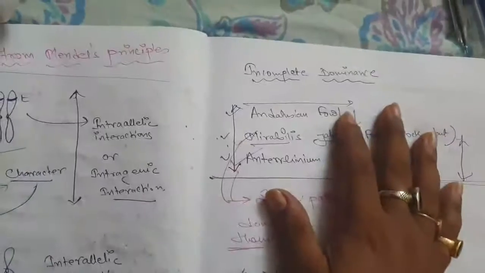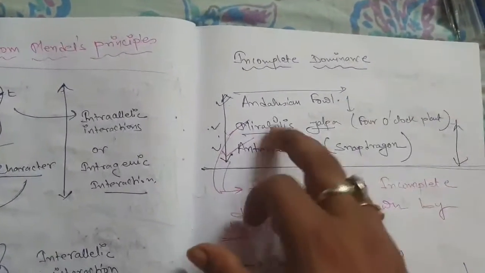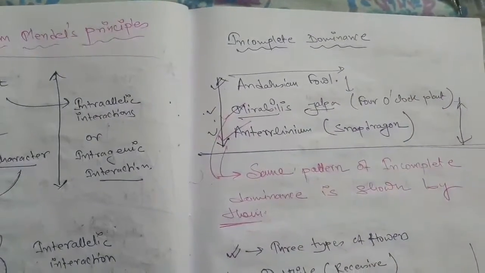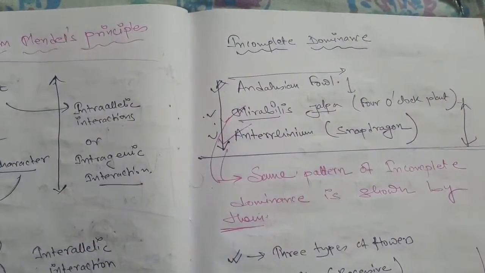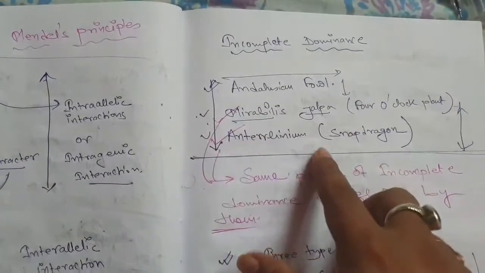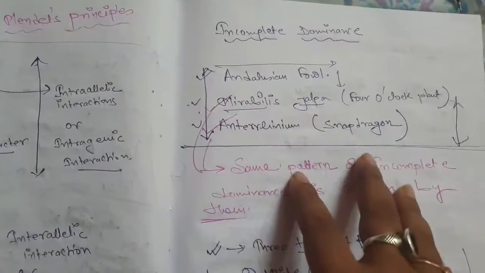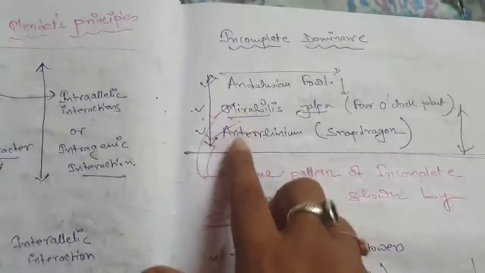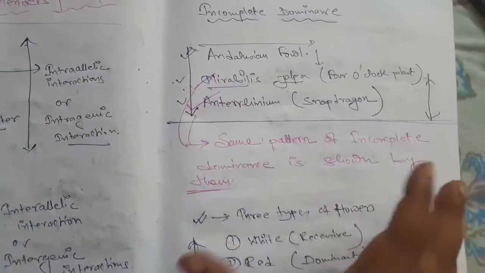Okay, so at first when we learned about incomplete dominance, I gave you the example of Andalusian fowl, Mirabilis jalapa, Antirrhinum. All these examples I have given. Mirabilis and Antirrhinum show the same pattern of incomplete dominance.